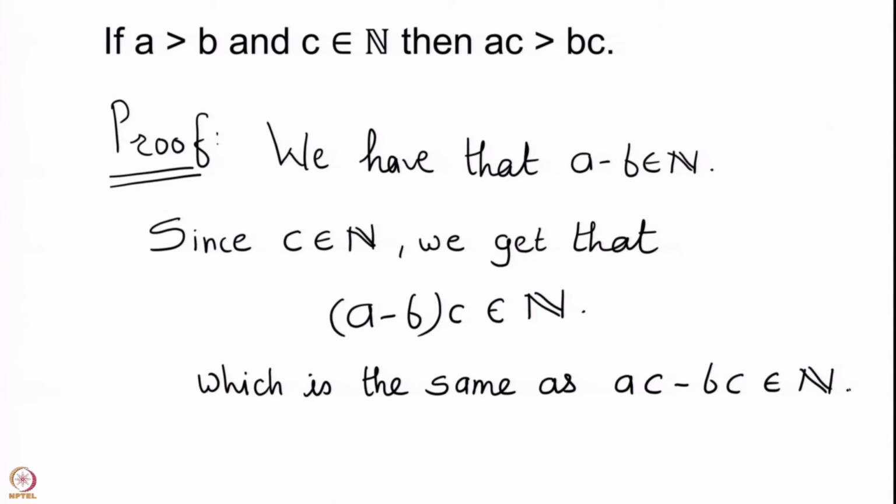But if you have AC minus BC a natural number, then we get AC bigger than BC.